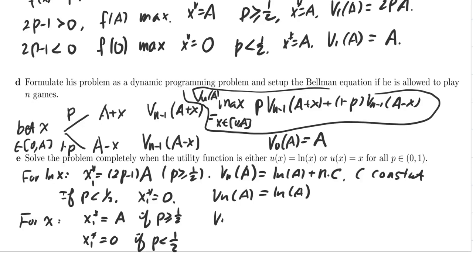And for this one, v n of a, we can show is going to be 2p to the power n times a. Okay? And if you don't bet anything, of course, you don't get any increase or decrease of your expected return. Okay, that's all.